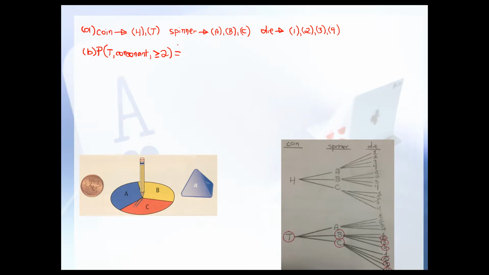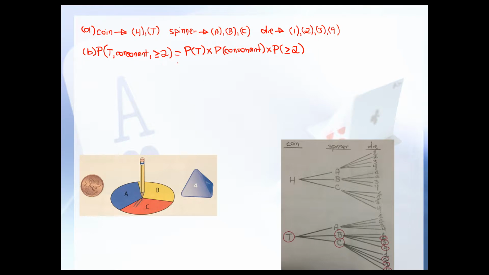This would be equal to the probability of obtaining tails on the coin, multiplied by the probability of obtaining a consonant on the spinner, multiplied by the probability of obtaining a number that is greater than or equal to 2 on the die. Again, the idea right here is we're going to do this without even using a tree diagram.